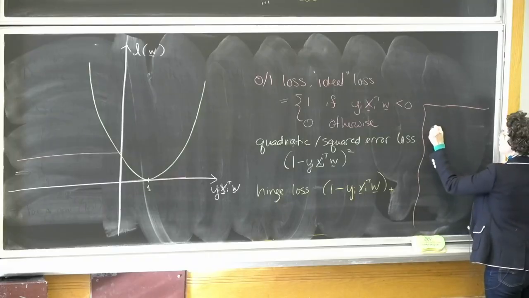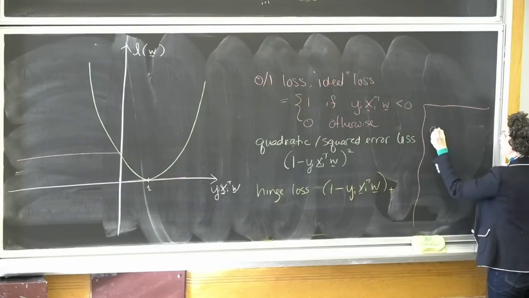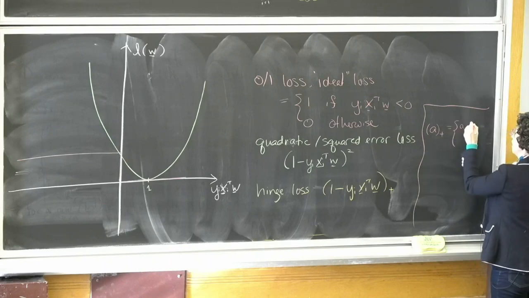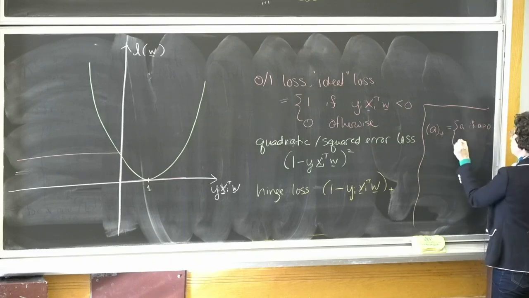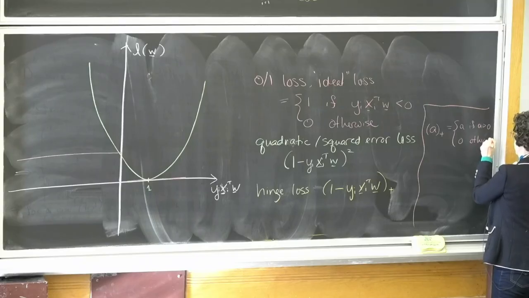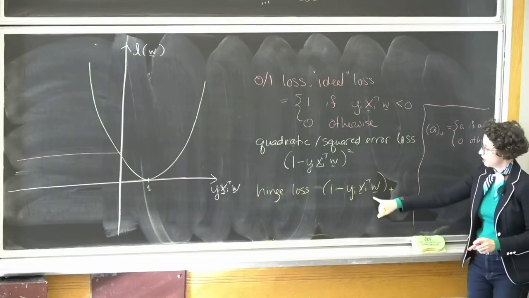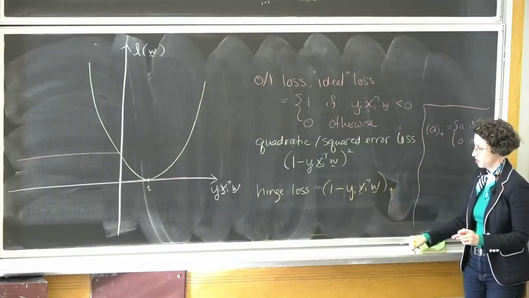If I've got some quantity A plus, that's going to be A if A is positive and 0 otherwise. So I'm going to keep this if it's positive, and I'm going to clip it if it's negative.